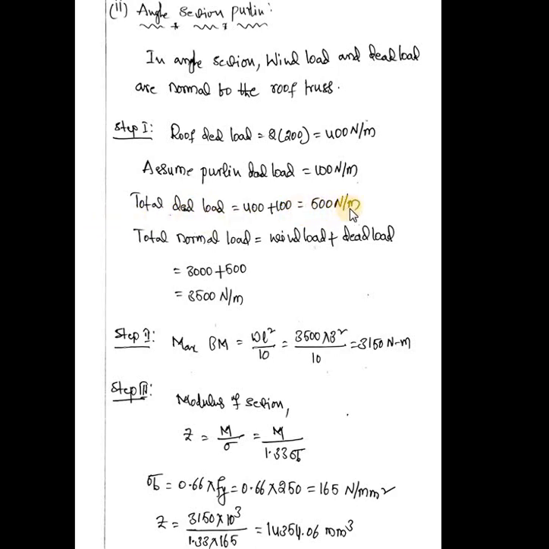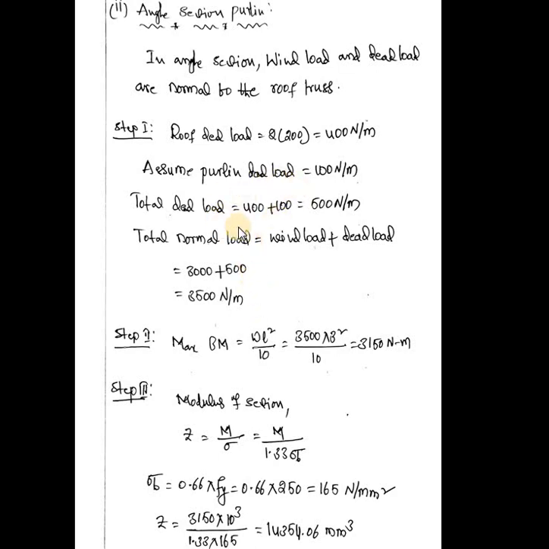Total dead load is equal to 500 Newton per meter, same as we discussed in the previous lecture. Coming to total normal load, total normal load is equal to wind load plus dead load. Wind load, as we know, 3000 plus dead load 500, total 3500 Newton per meter.